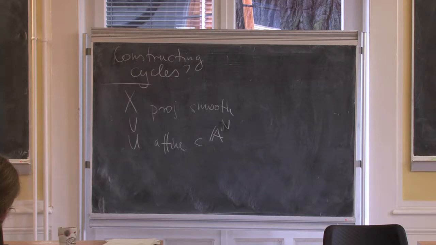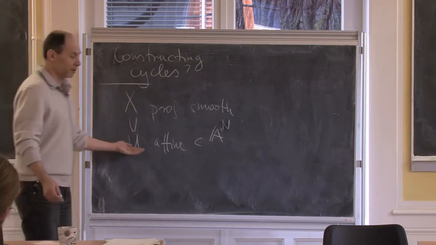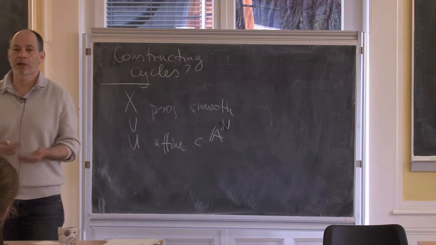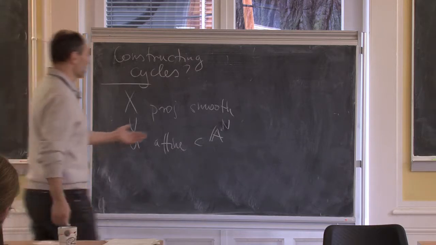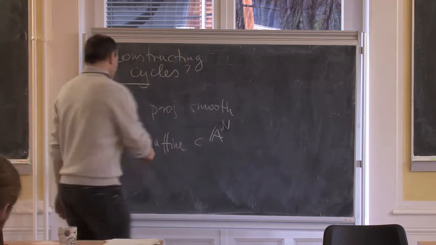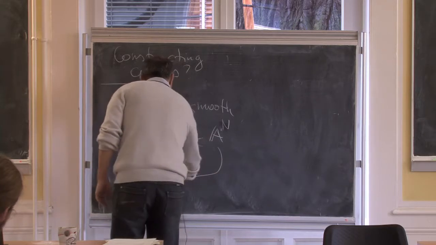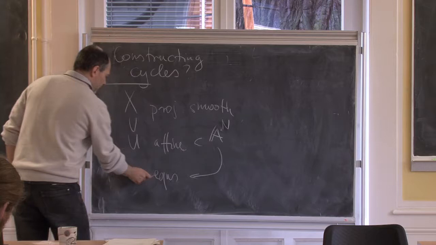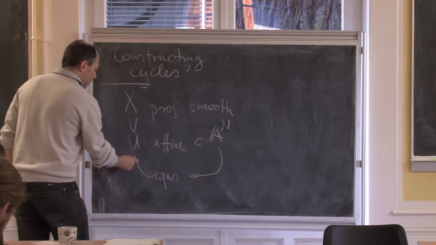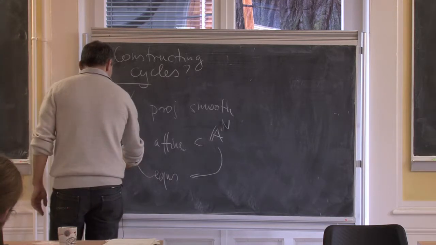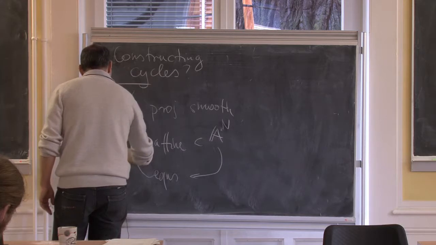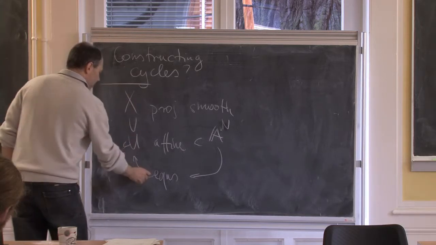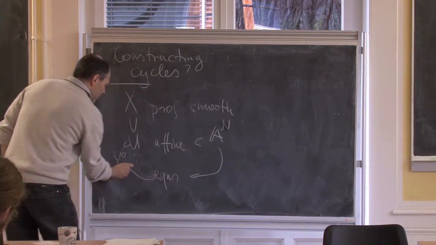This has coordinates, and the subvarieties here are given by equations in the coordinates of this A^N. So from here we can construct equations, and they give you subvarieties here, some Y naught.